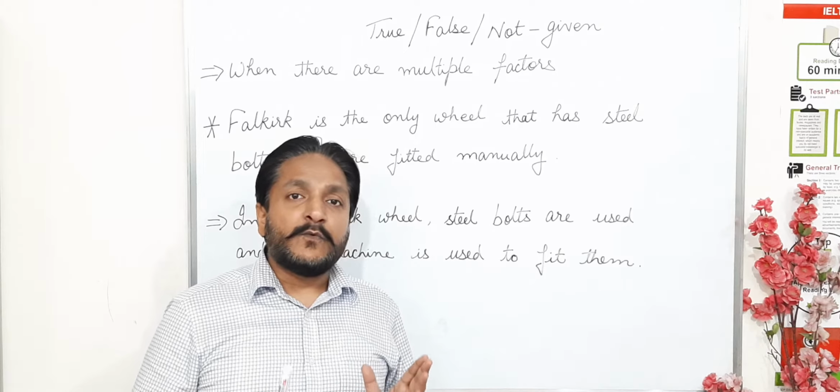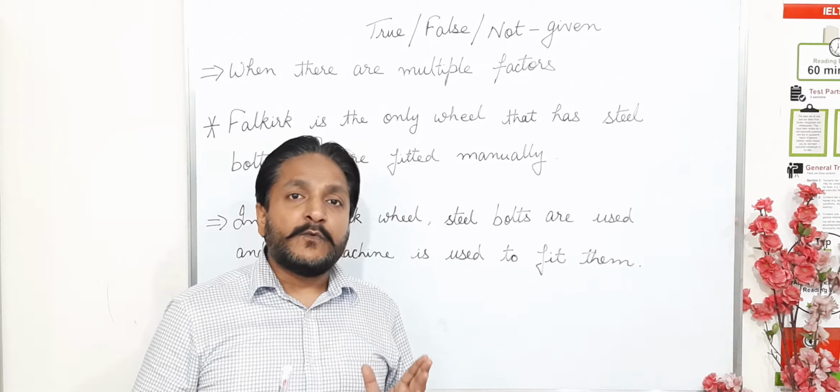The moment the student reads the question, he starts turning over the pages and looking for the location of this particular question, which I feel is an incorrect approach. Before you go to the passage and find out the location, it is very necessary to see what the things are that need to be checked whether they are true, false, or not given. So, first of all, I want you to read this statement.